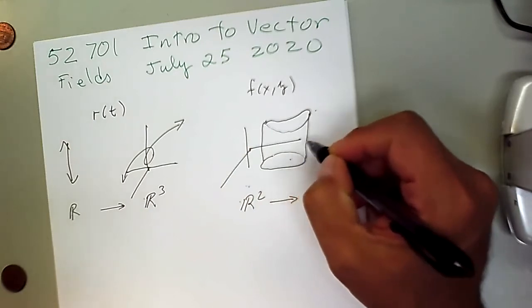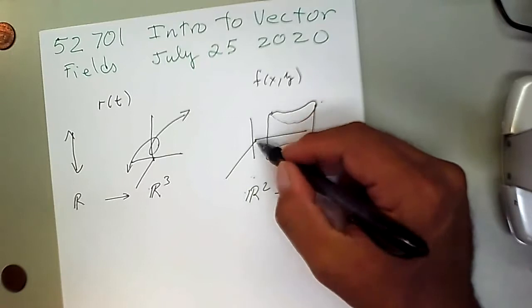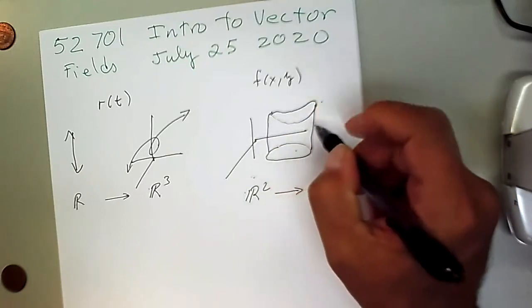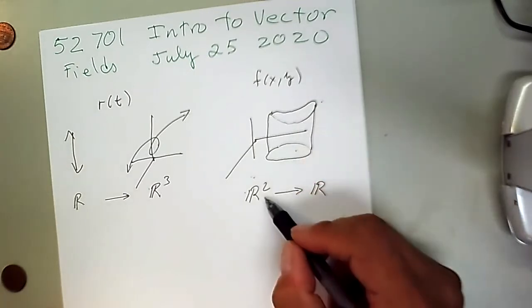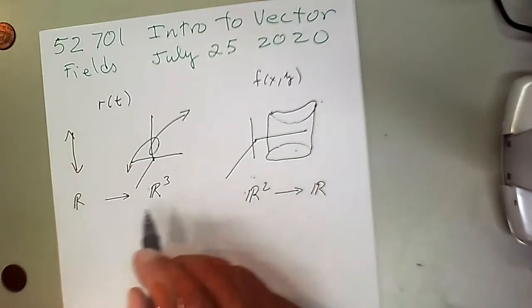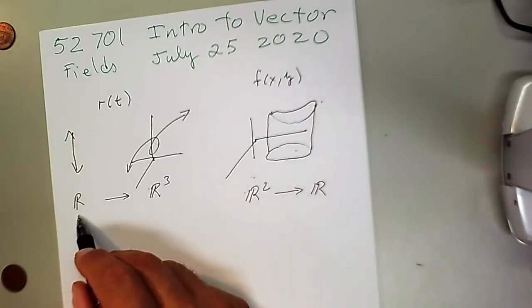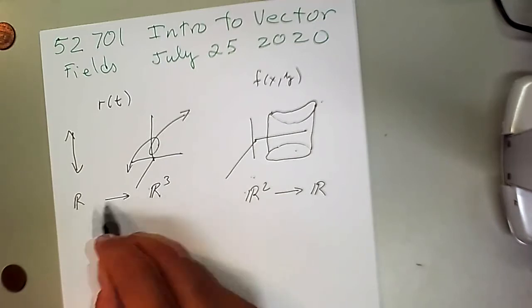And in this case, we are able to draw the graph in one picture because we don't exceed 3 dimensions: 2 dimensions for the input, 1 dimension for the output, so that makes 3. Here we have 1 dimension for the input and 3 dimensions for the output, so we cannot draw that in one picture.